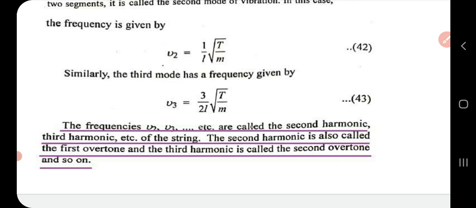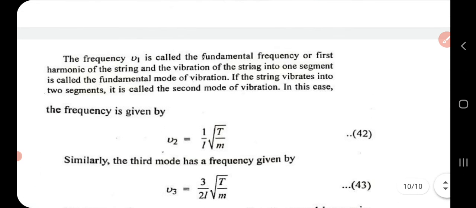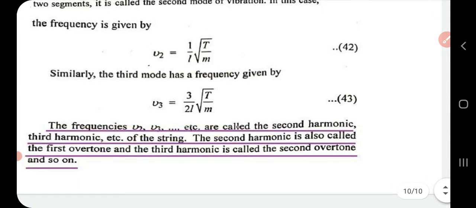So here the frequencies nu 1, nu 2, nu 3: nu 1 is nothing but the fundamental frequency or first harmonic, nu 2 is called second harmonic, nu 3 is called third harmonic, and so on.